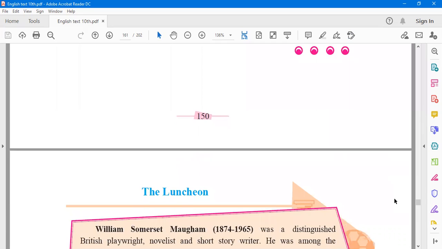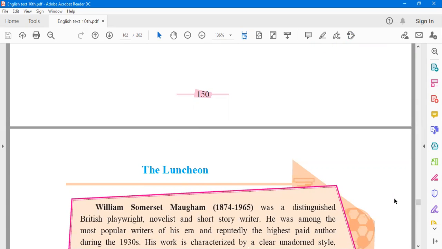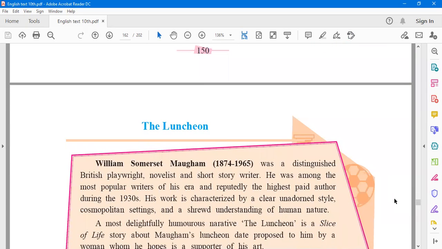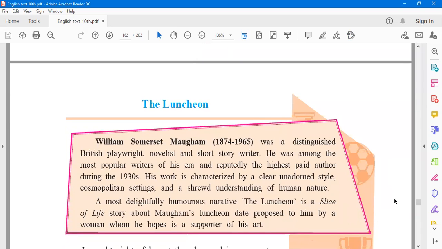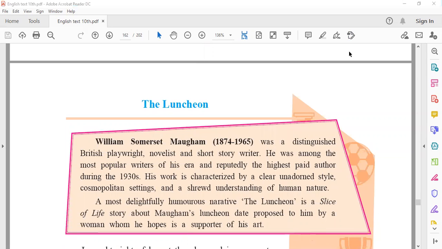The luncheon. Luncheon, I told you, is a formal lunch. A little description about the writer. William Somerset Maugham, 1874 to 1965, was a distinguished British playwright, novelist, and short story writer.